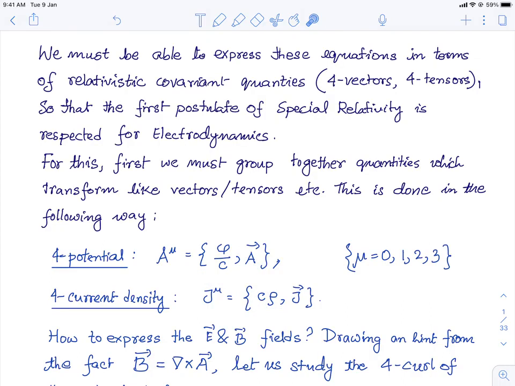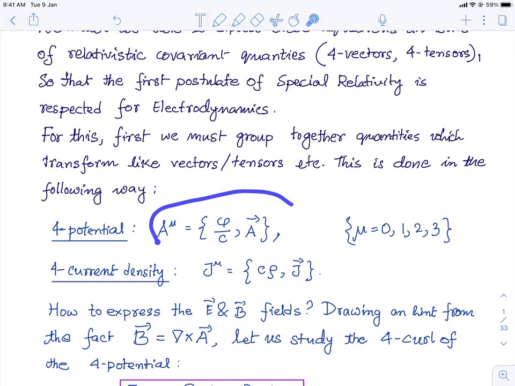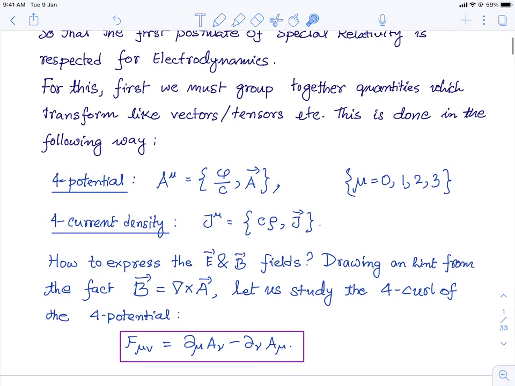Very good. So this is how the potentials group together into a 4-potential, and the charge density and current density group together to form a 4-current density.